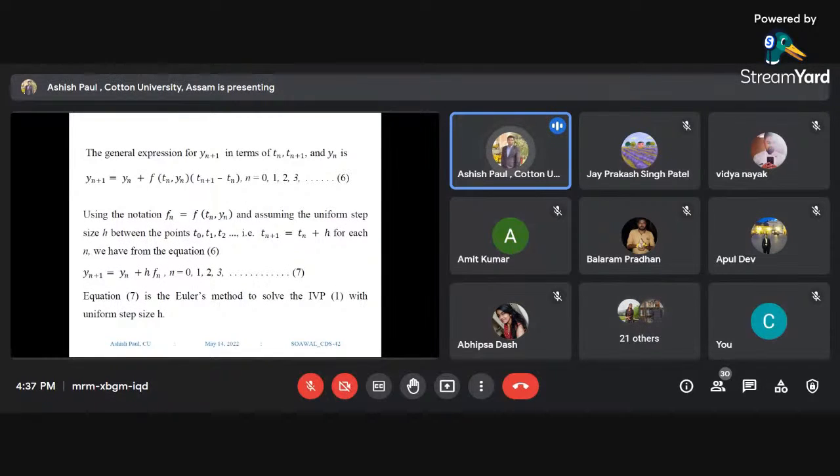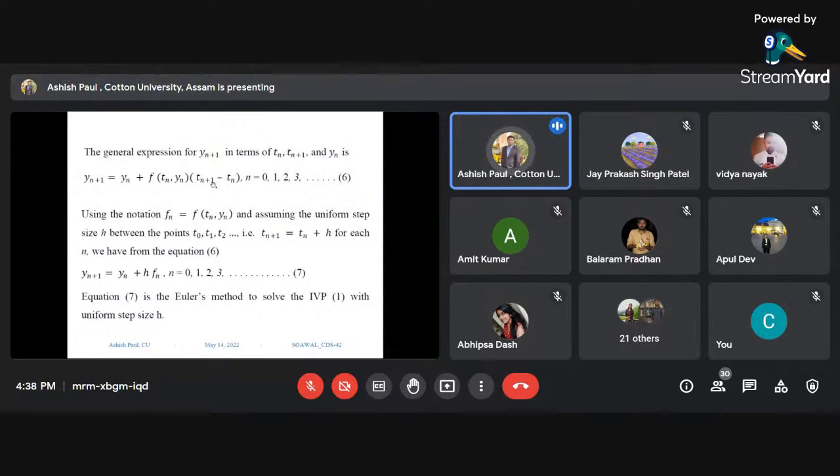Now the general expression for y at n plus 1 is given by equation number 6. It is y n plus 1 equals yn plus f of tn, yn times t n plus 1 minus tn.